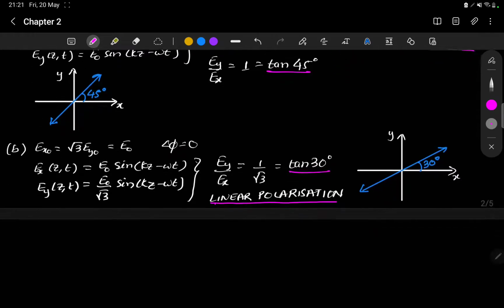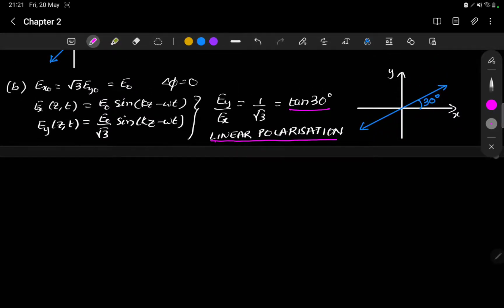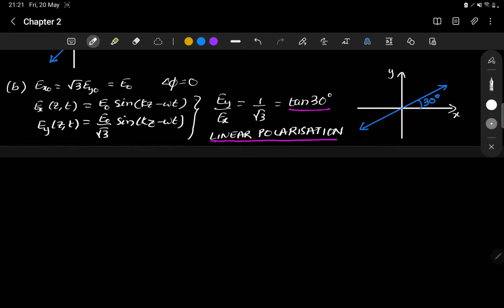Let us now see part C. Part C says Ex0 equal to Ey0. Let's say this is equal to some E0. This time delta phi is not equal to 0. Delta phi is non-zero, which is pi by 2.